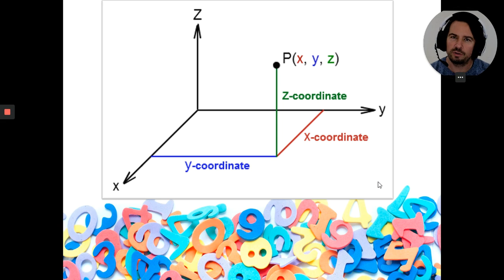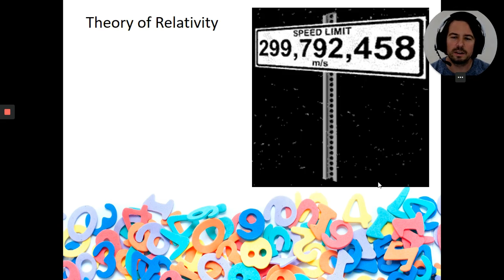Unfortunately, that's not true. The theory of relativity, which, when we say theory, if you've just studied science, you know that means it's true. This is something there's a lot of evidence for. It says that there is a speed limit in the universe and nothing can travel faster than that speed limit.